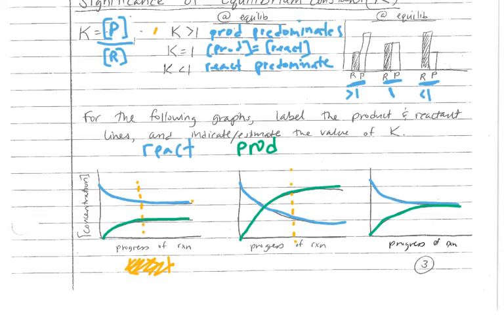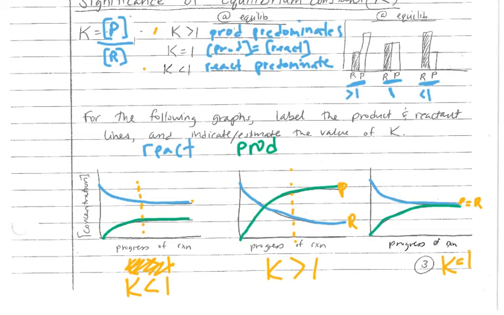We have more reactant than we have product. So this one has a K of less than 1. In this one, we have more product than reactant, so this one is a K of greater than 1. And in this one, our product and reactant reach equal amounts, so this would be a K equal to 1.